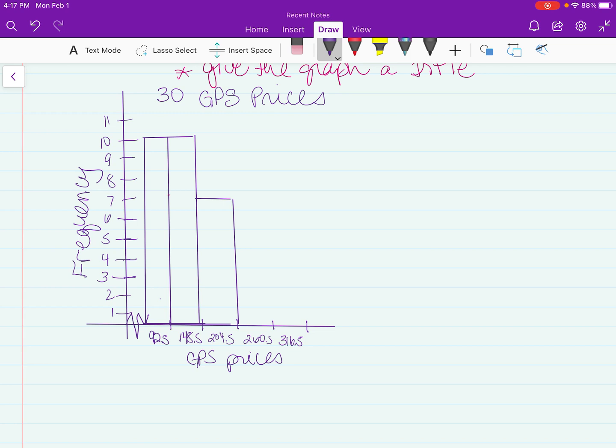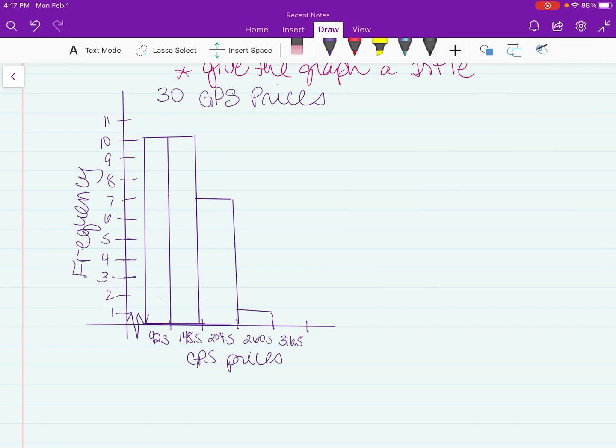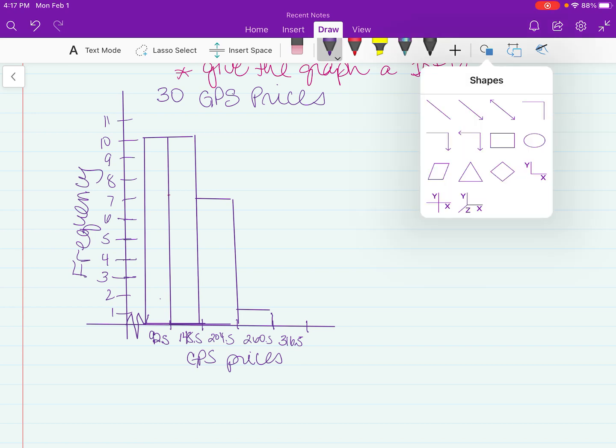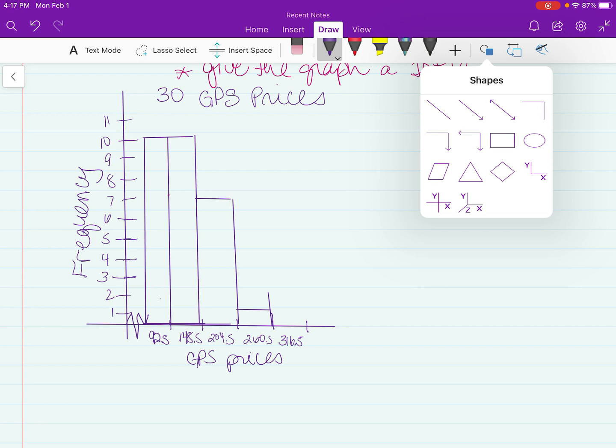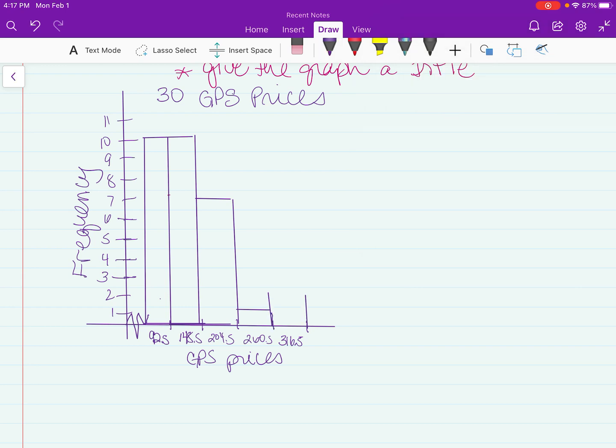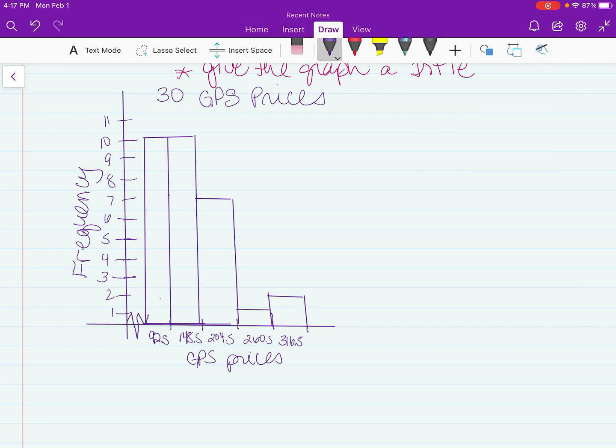My fourth bar goes up to 1. And my last bar goes up to 2. And so I now have my histogram of my 30 GPS prices.